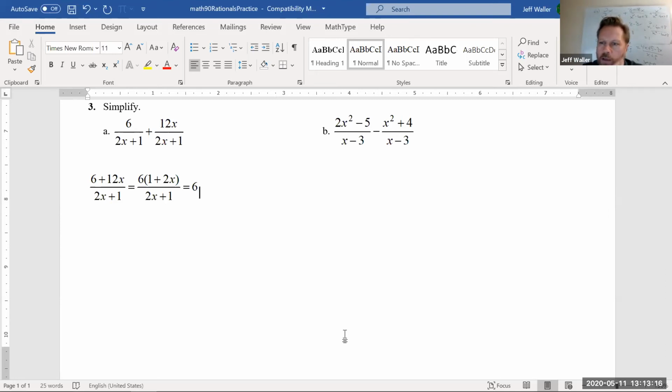Okay. What's the one thing you've got to be careful about in part B? The mistake that people make is... hold on. It's a minus. Yeah, you've got to be really careful about the minus. What are you subtracting here?